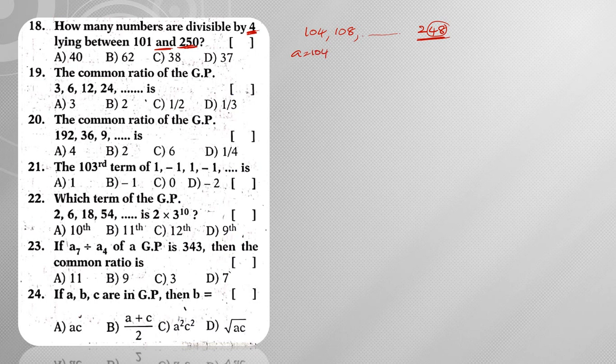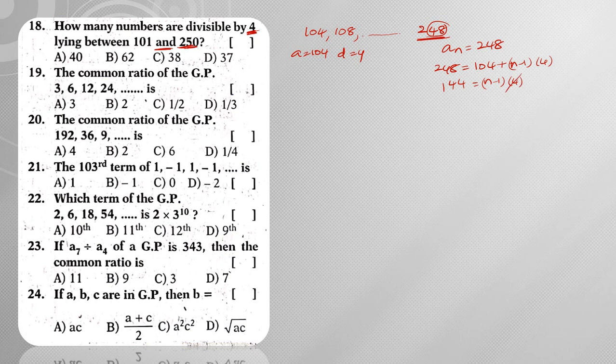The first term is 104, common difference is 4. So using this we are going to find the nth term. So an is nothing but 248. So 248 is equal to a, which is 104, plus (n minus 1) into 4. Now when you subtract, what am I going to get? 8 minus 4 is 4, 4 minus 0 is 4, 2 minus 1 is 1, is equal to (n minus 1) into 4.